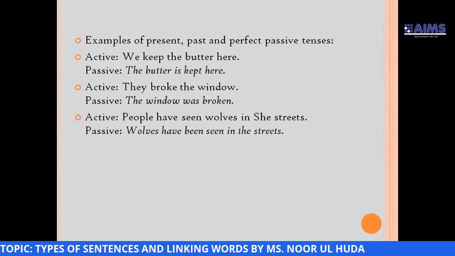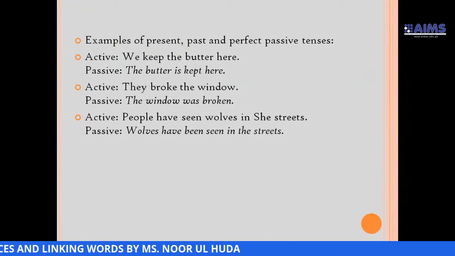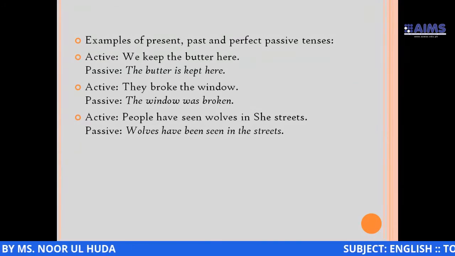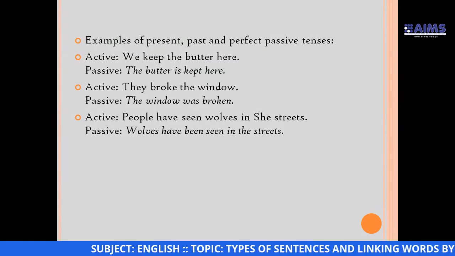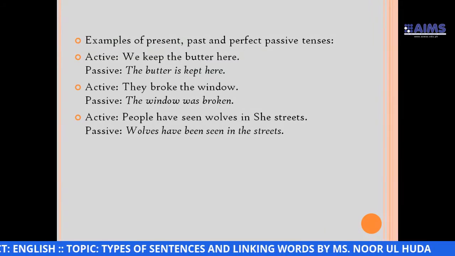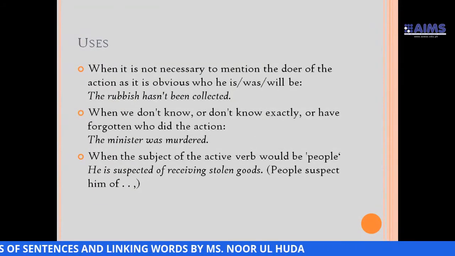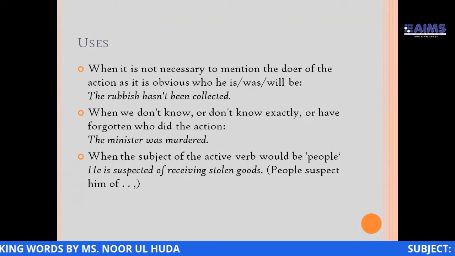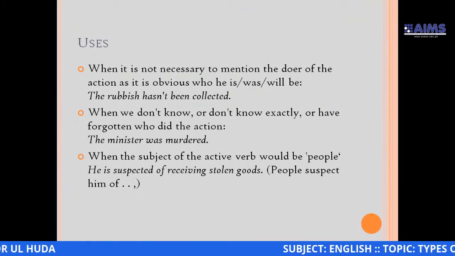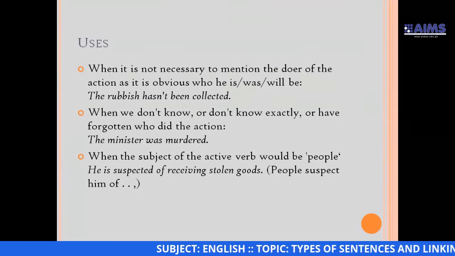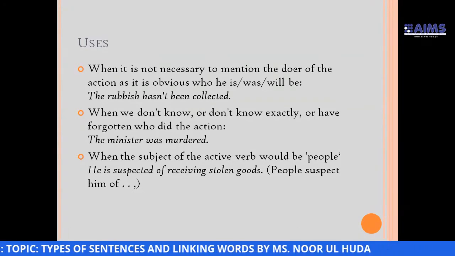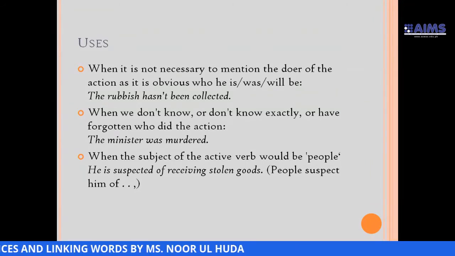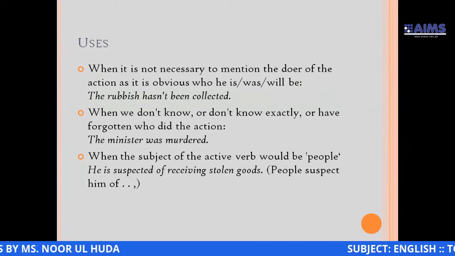In writing, there must be some reason, in what context, in what manner, and what is the purpose behind using passive structures in our writing. So here we are focusing on the usages of passive structure. Number one is when it is not necessary to mention the doer of the action, as it is obvious who is, who was, or who will be doing the action.